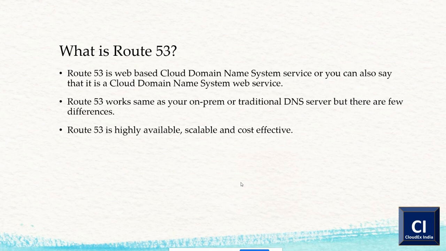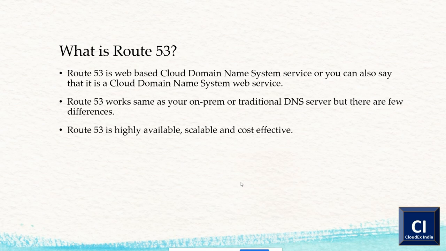You will not be able to resolve the query because your DNS service is unavailable. In the 10 DNS server case, it's not possible that all go down all of a sudden at a time. But if you have one or two, then definitely there will be a risk. In case it's not working, you will not be able to resolve your query.